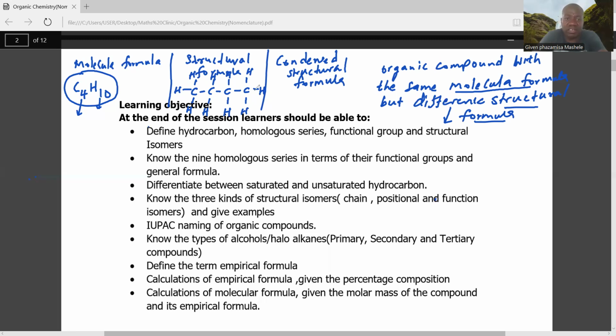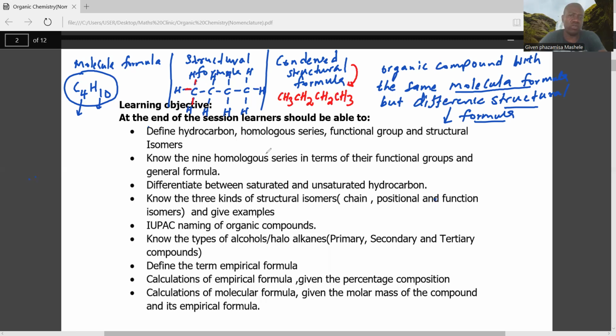However, in a condensed structural formula, we do not show the bonds. The first carbon has how many hydrogen atoms? 3. So it will just be CH3. Then the second carbon is CH2, then CH2 and CH3. This one is a condensed structural formula.